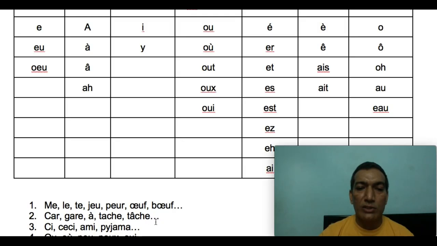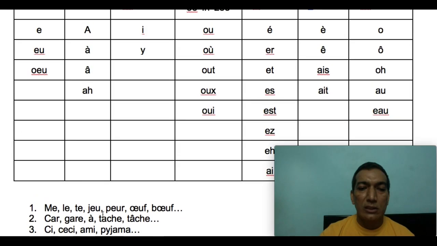Both are pronounced similarly. Just to know what this means, when it is with an accent, it means a work, and when it is without any accent, it means a dot. So all these sounds are pronounced a.